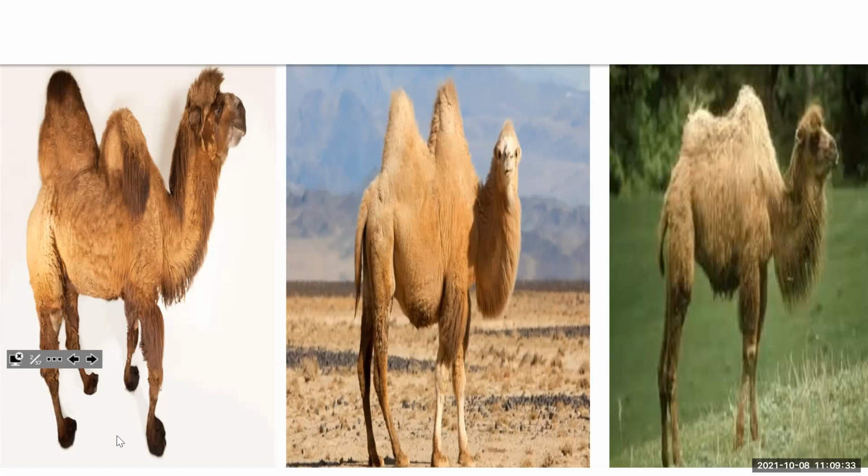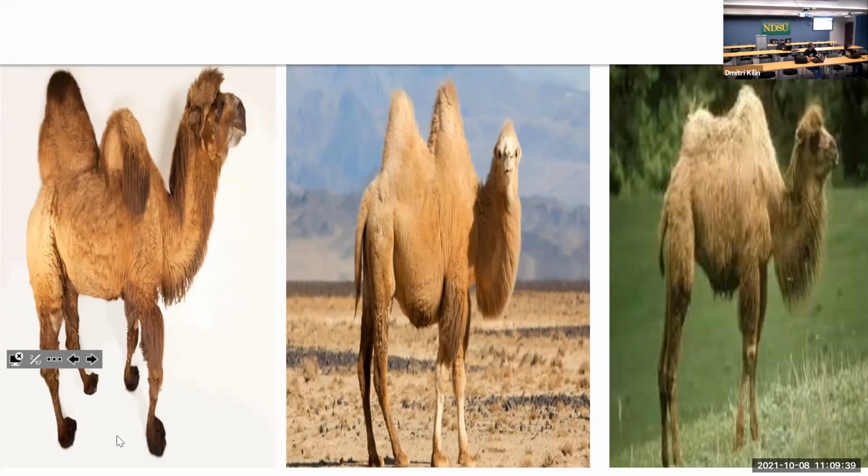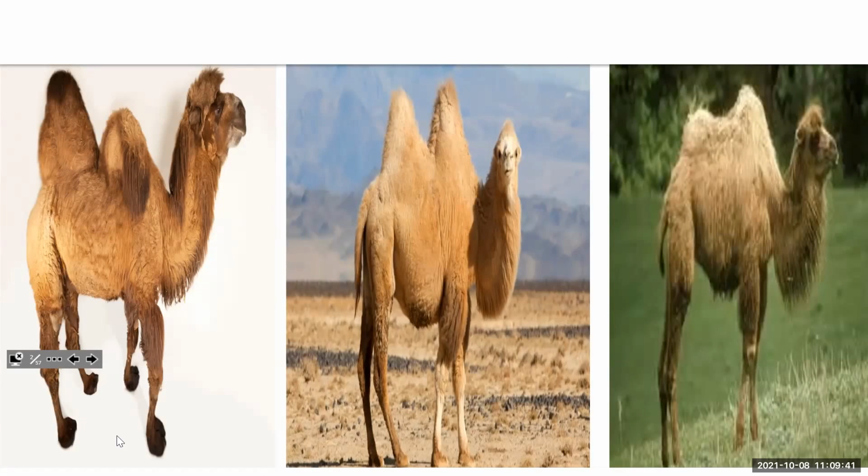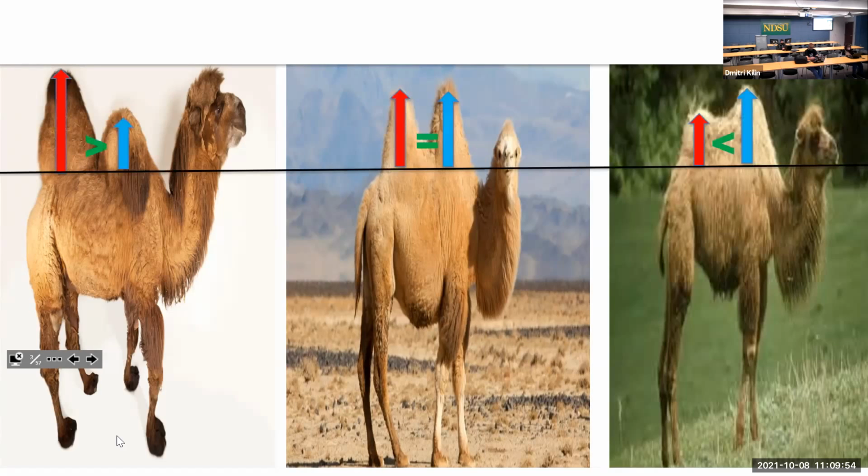Allison? They're called the humps. Humps? I think so. Okay. So humps is not a good word. Humps is better. Okay, yeah. Thank you, Allison. So you'll study the humps and peaks of the camels. Yes, you are absolutely correct. So the height is different.